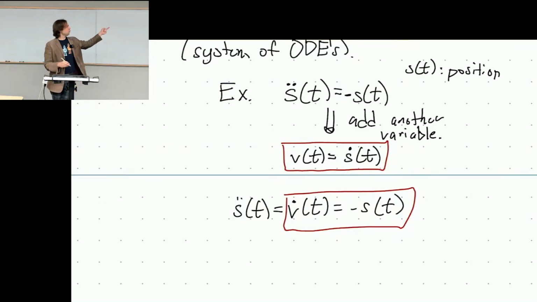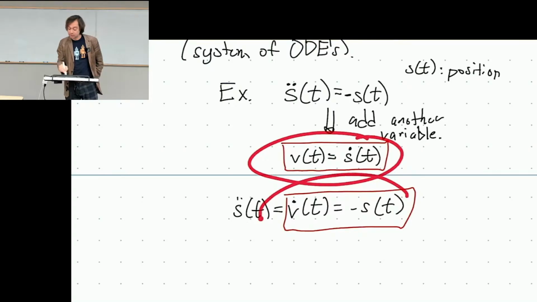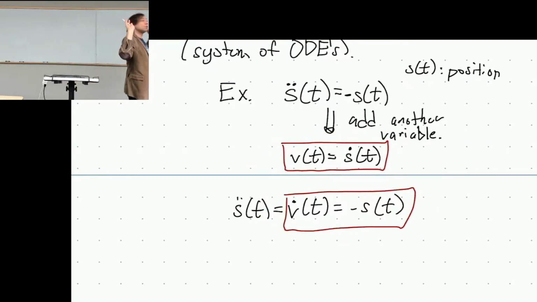What's the order of one of those differential equations? 1. What about the other one? Oh, sorry. I only see 1 dot here in that equation, and 1 dot here in this equation. Two first-order differential equations. And I can use Euler's method on each one. Voila.